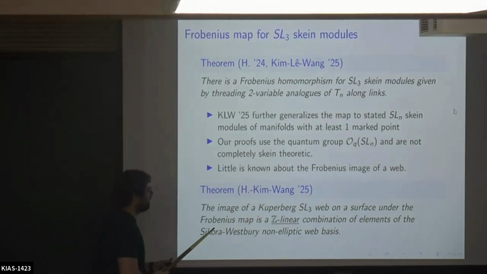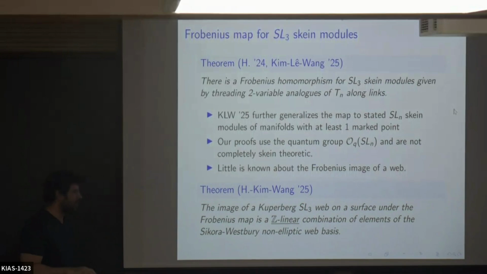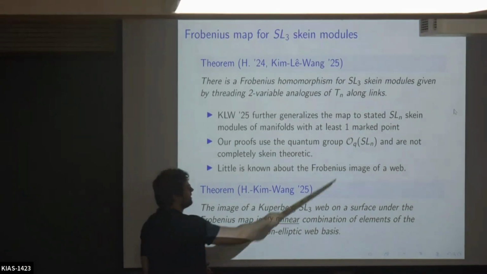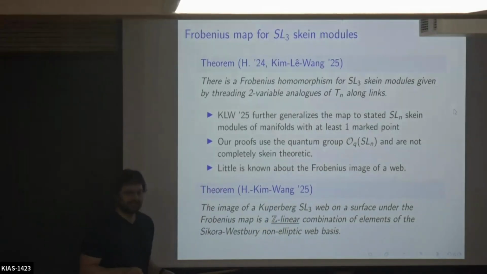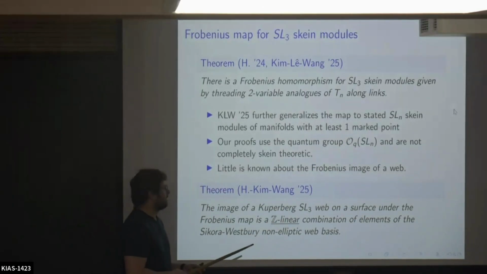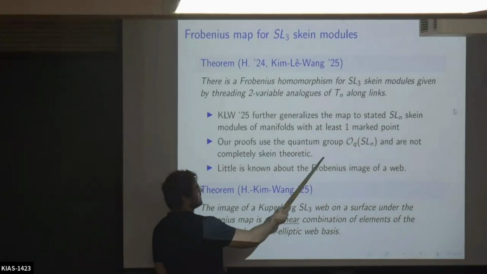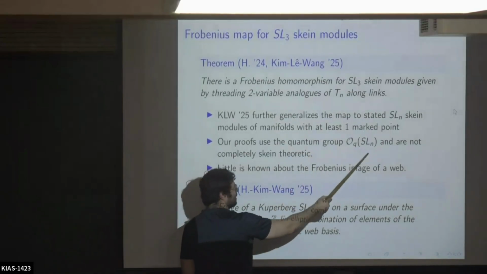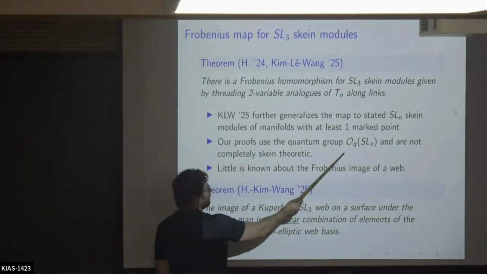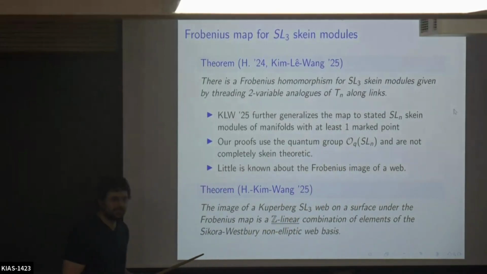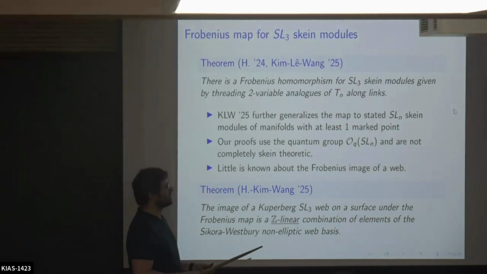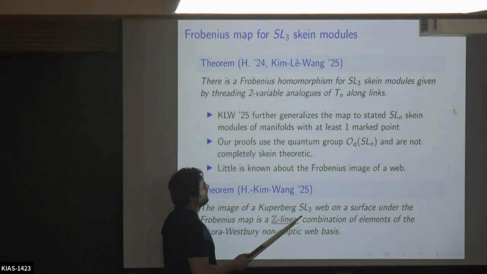So the idea of our proofs is that you can consider the case of a surface, and these stated Skein modules will allow you to cut the surface into pieces. And one of the elementary pieces is actually an algebra that's isomorphic to this quantum group O_q(SL_N). And that quantum group has a Frobenius homomorphism associated to it from the quantum algebra perspective. And you can glue together those pieces and induce a homomorphism on the original surface.